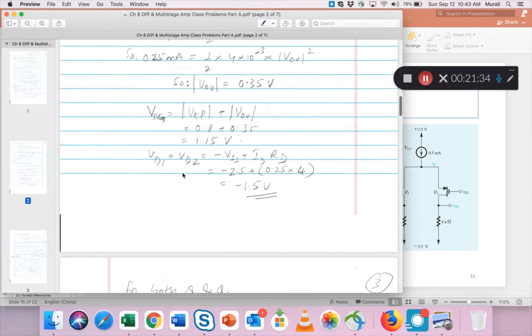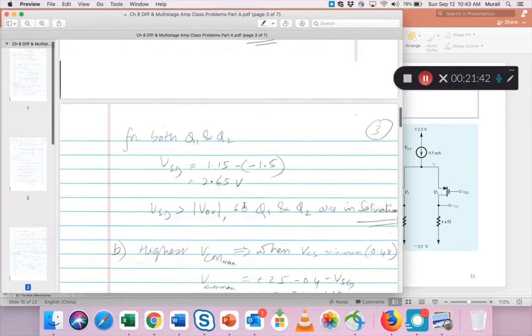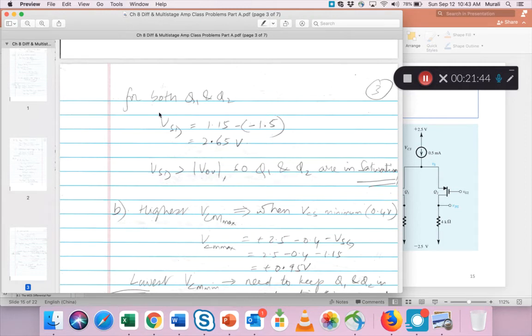Then VD1 and VD2, the voltage at the drains, using this formula, are minus 1.5. For both Q1 and Q2, the source to drain voltage is this.